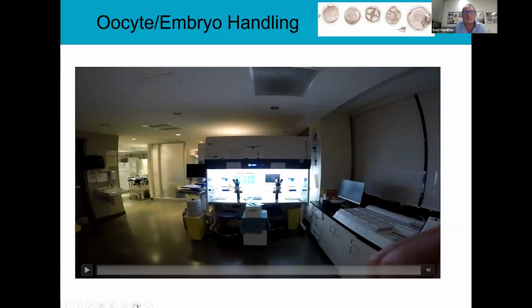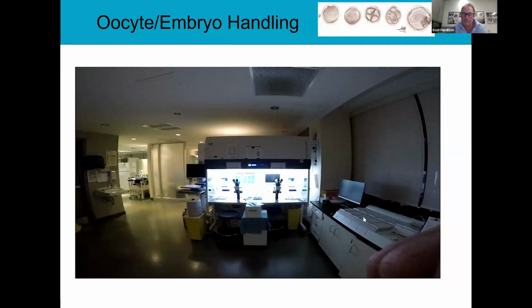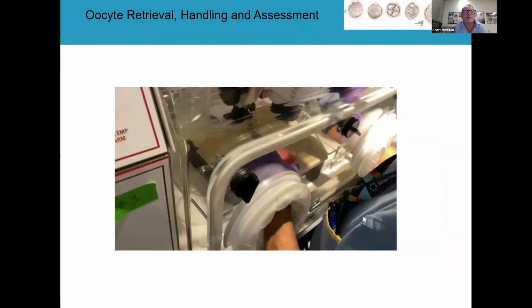And so stereo microscopes, which are really good dissection microscopes, are used for a lot of the manipulation work, actually with your hands and little tools manipulating the oocytes. And this laminar flow hood is very clean. It's got lots of heated surfaces, so you've got a good environment for the eggs and embryos to be in, with good gas concentration and a good heated environment.